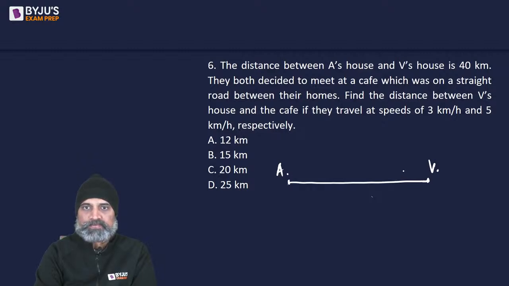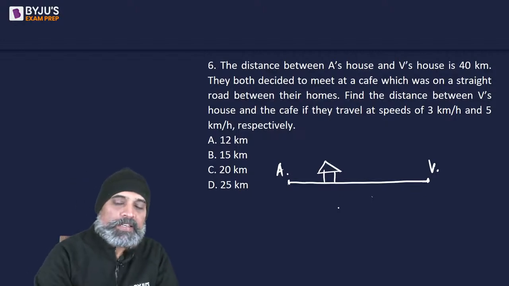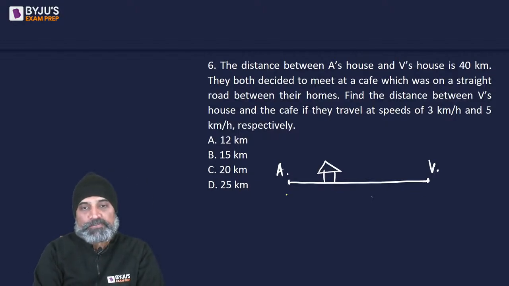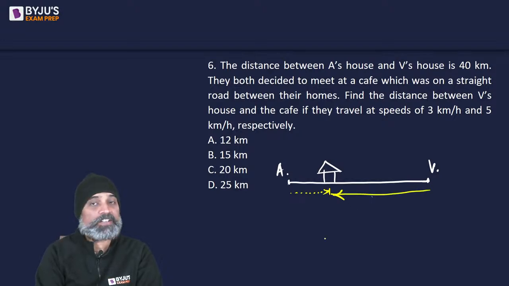So if the speed of A is 3 and the speed of V is 5, let's say the cafe is over here, right? Okay. Now, when A will start and will reach here, in the meantime, V will also start and reach here.